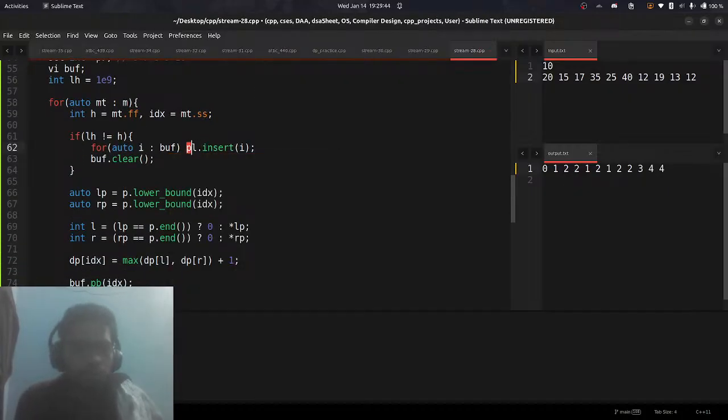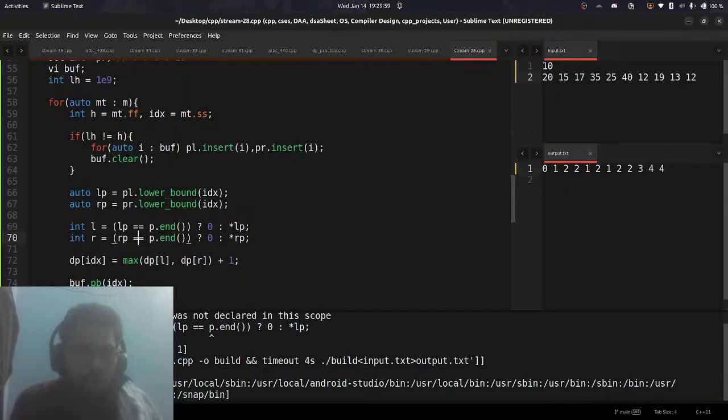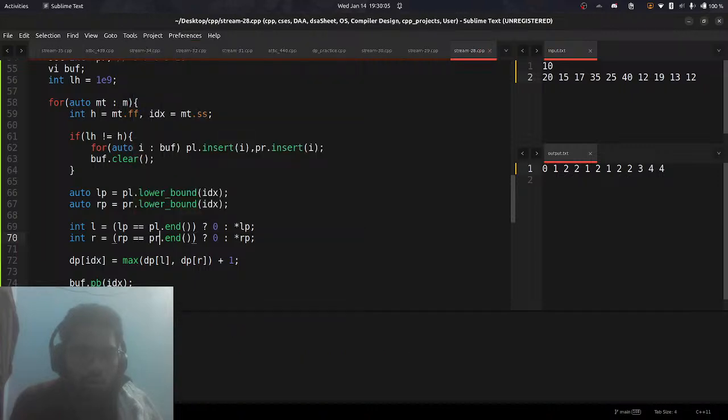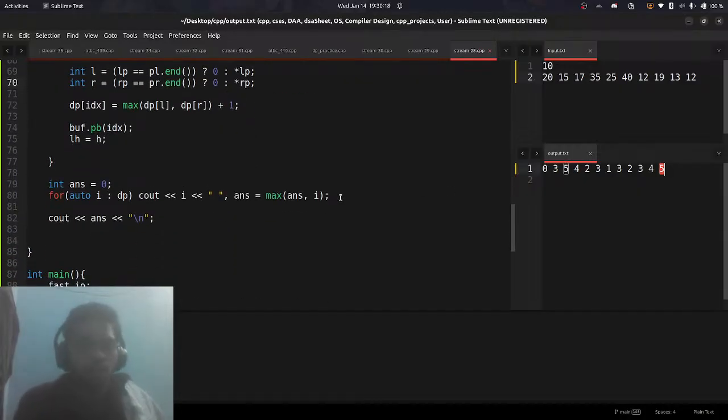We'll insert in both. But we'll calculate from here. Why is this 5? Okay, okay. That's the answer, that is 5.